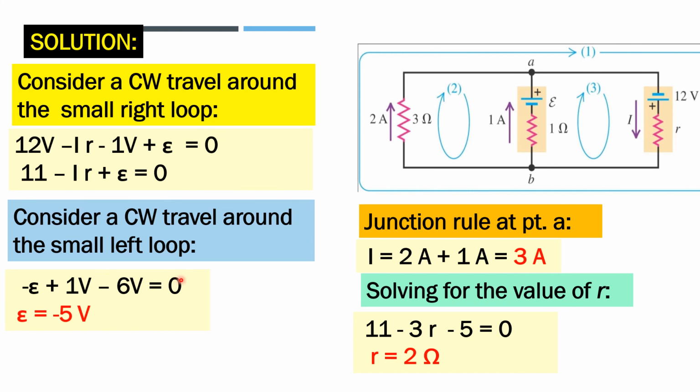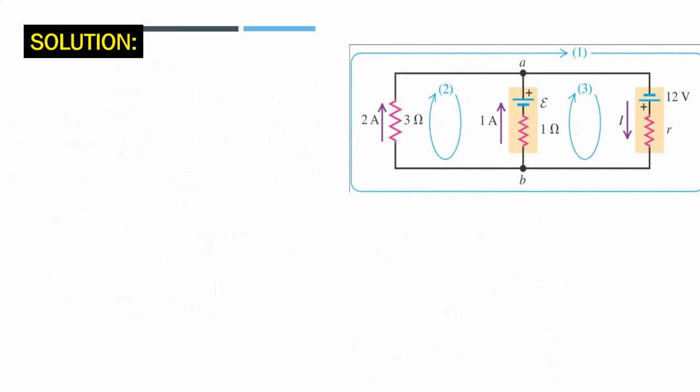We will also prove that for this second loop that we chose, the sum of the EMFs plus the voltage drops must also be equal to 0, and that is coming in the next and last slide. In our checking, we just simply substitute our computed values in our equations that we have established earlier.